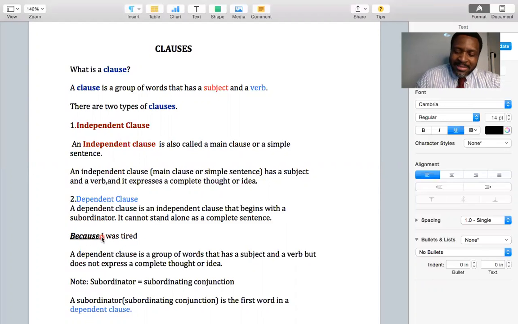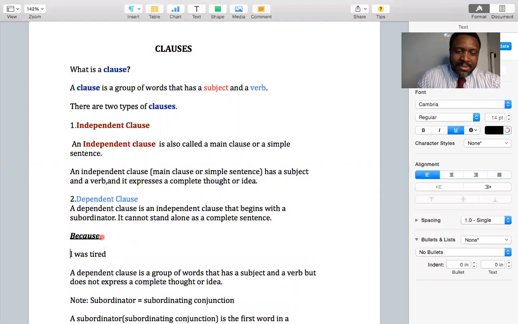Let me split this. Because is a subordinator. Now, this is a complete sentence: I was tired. It has a subject and a verb, and it expresses a complete thought.